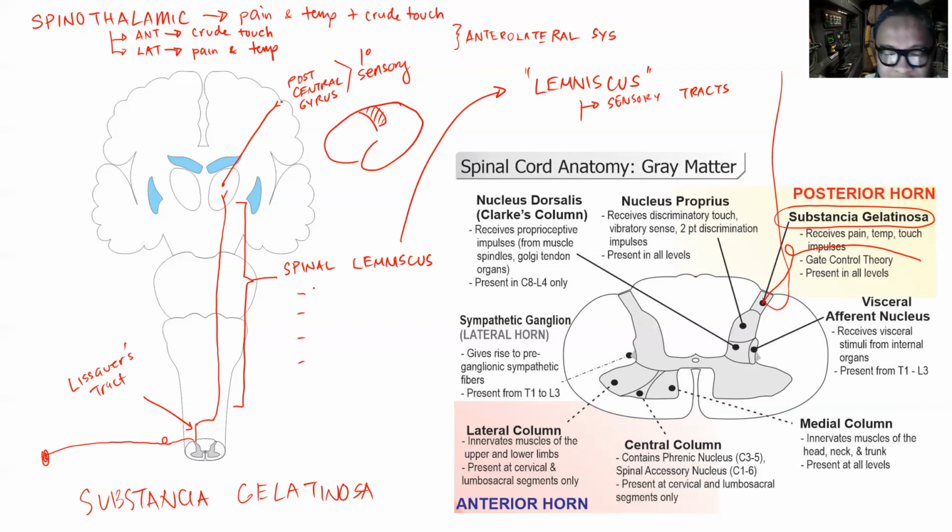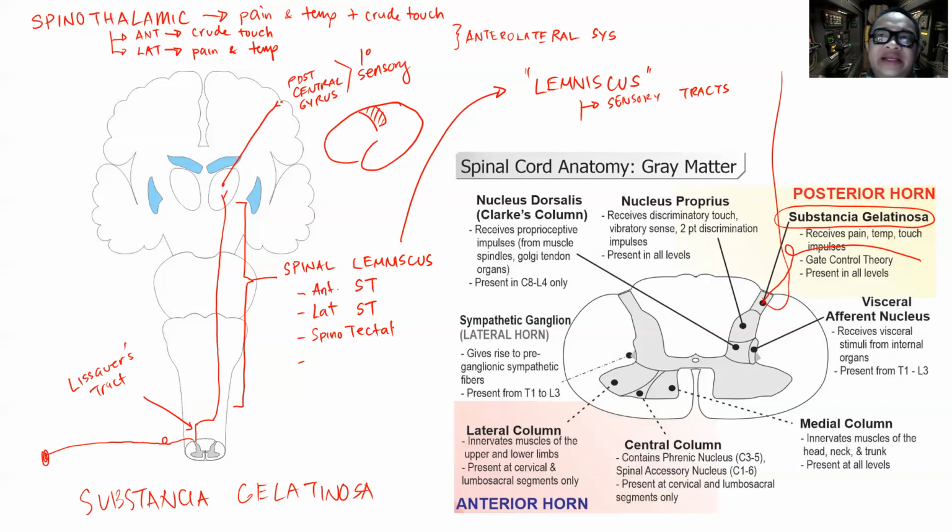You have your anterior spinothalamic tract, you have your lateral spinothalamic tract, you have another one, the spinotectal. Okay, your spinotectal tract is an interesting tract. You see it frequently in horror movies, and this is how you do not forget your spinotectal tract. Your spinotectal tract is a protective mechanism.